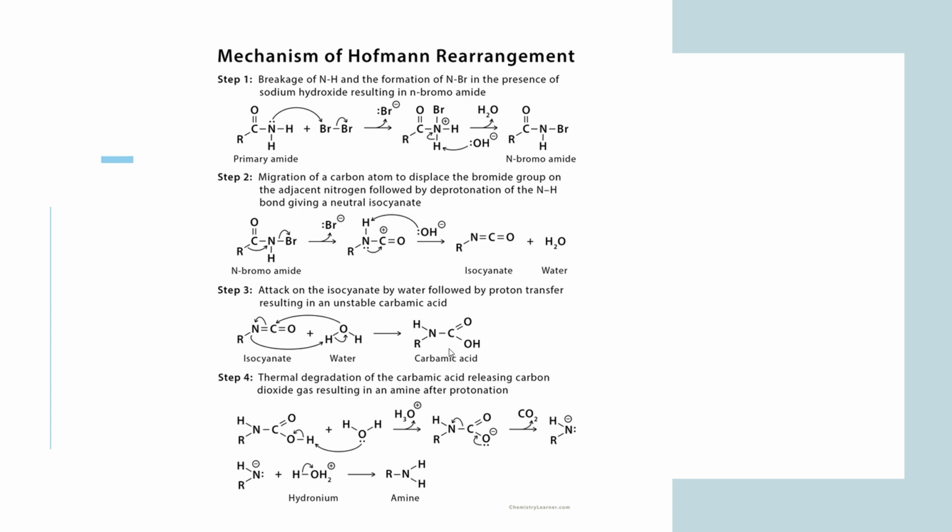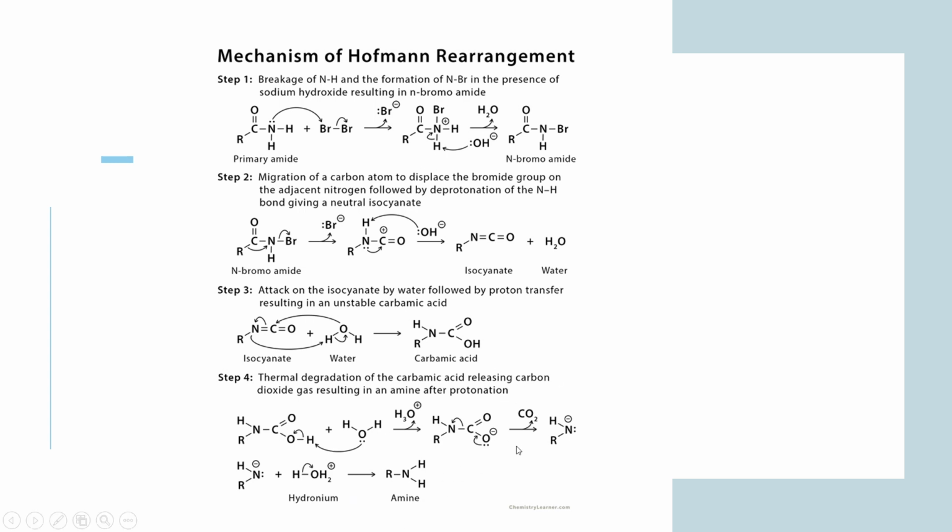And then what happens in the last step? This carbamic acid will now be degraded by the water molecule. Okay, it first undergoes deprotonation by the water molecule, and in the subsequent step it undergoes decarboxylation to give you this anion as an intermediate, which will now undergo protonation to give you amine as the final product.